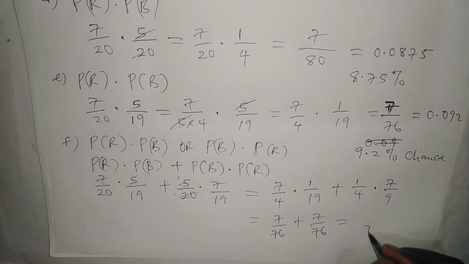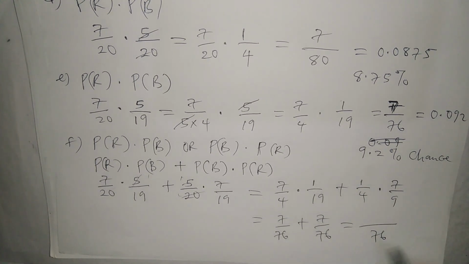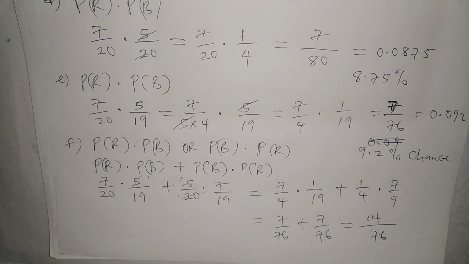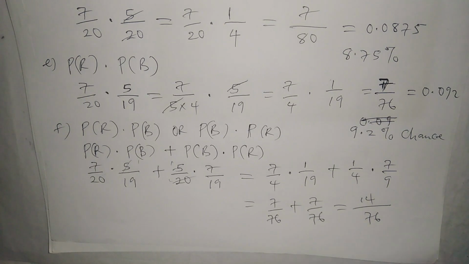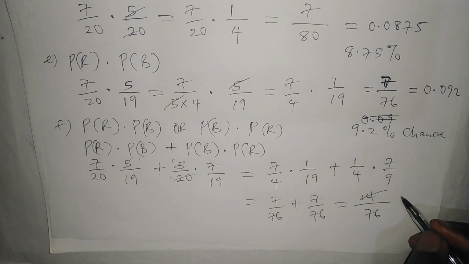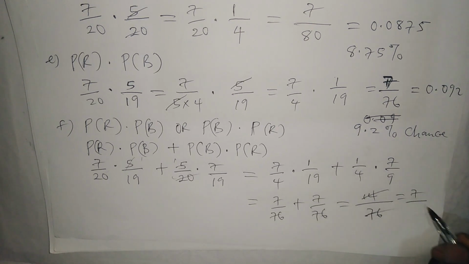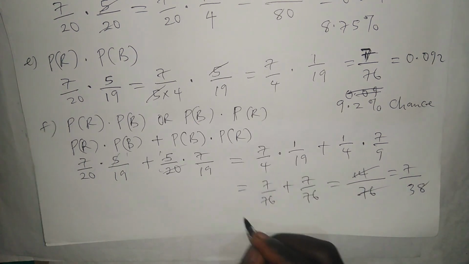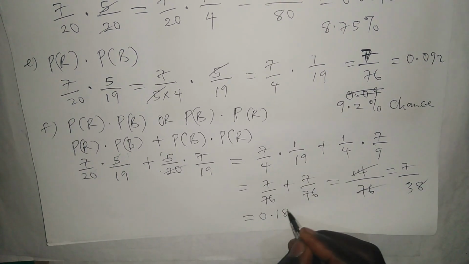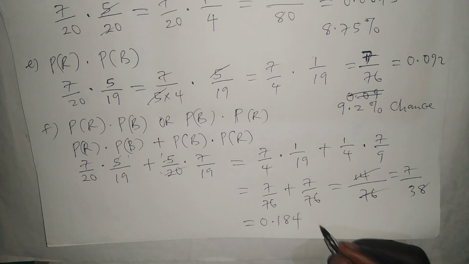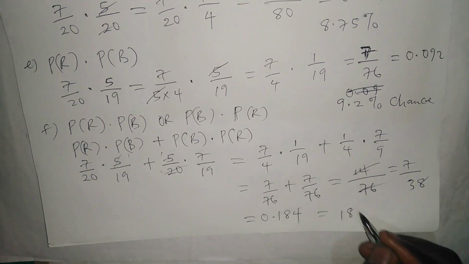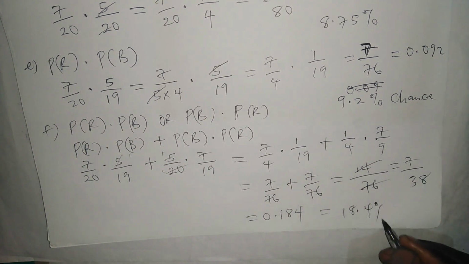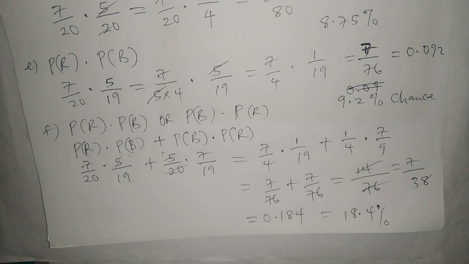So we have 76, and 7 plus 7, we have 14. When you have 14 all over 76, this is divisible by 2. So you divide by 2, we have 7, divide by 2, we have 38. Now 7 divided by 38, what we have is 0.184. Multiply this by 100, what you have is 18.4%. So there's an 18.4% chance of selecting a red and blue marble without replacement.